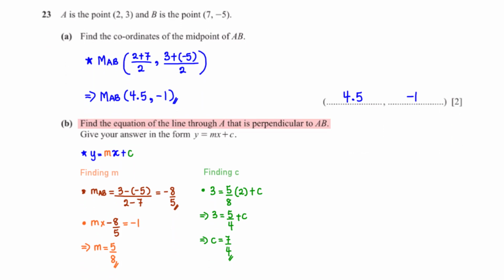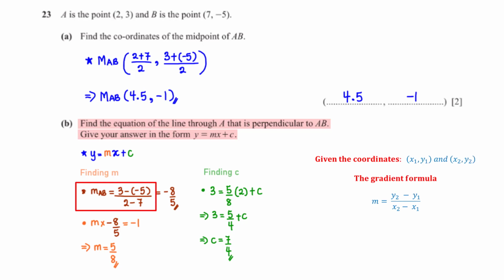Find the equation of the line through A that is perpendicular to AB. Give your answer in the form y equals mx plus c. All we need to do is find the values of m and c and plug in these values into y equals mx plus c. First, let's find the gradient of line AB by applying the gradient formula.